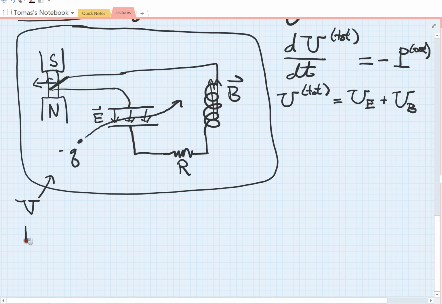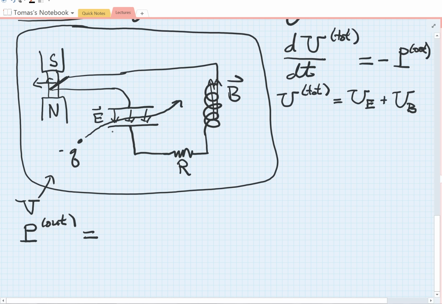The power that can come out of the electromagnetic fields in this volume that we are talking about should come out in the form of work. Any work that our fields might be doing on any particles that would be traveling through the system.